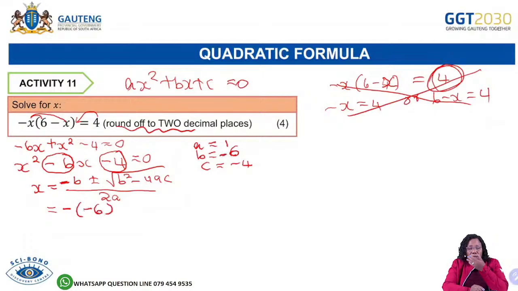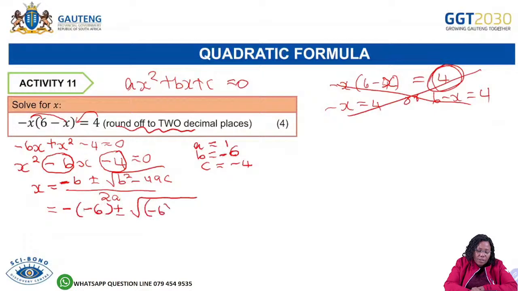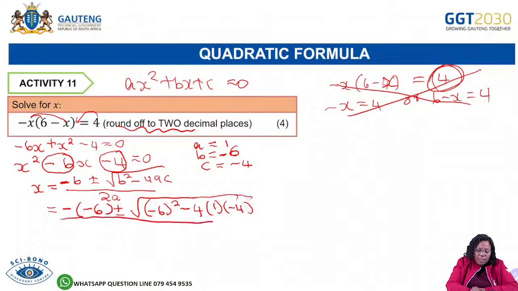There must be 2 negatives there. And then we have a plus minus the square root of b value is minus 6 squared. We are now substituting into the formula. The a value is 1, the c value is minus 4. Be careful of that negative on c again. Most of the time you omit it. And then now the a value is equal to 1 there.